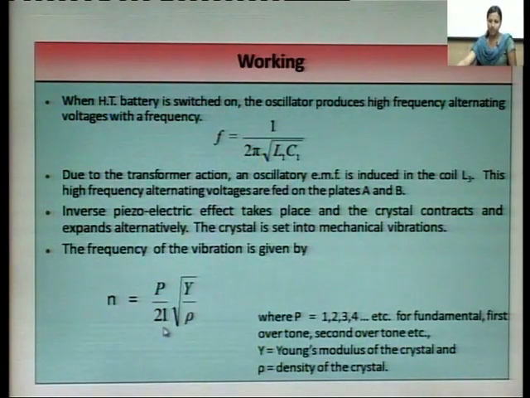L is the length of the rod, Y is the Young modulus of the crystal, and rho is the density of the crystal or material which we use for the electrostriction effect. So the frequency is P upon 2L root Y upon rho, where N is the frequency of vibration, P is the overtone, maybe the fundamental frequency, L is the length of the rod, Y is the Young modulus of the crystal, and rho is the density of the crystal.